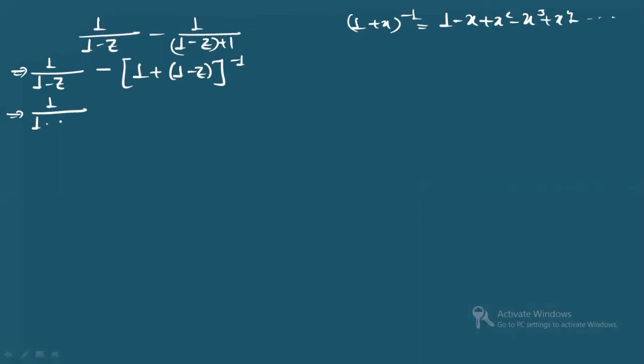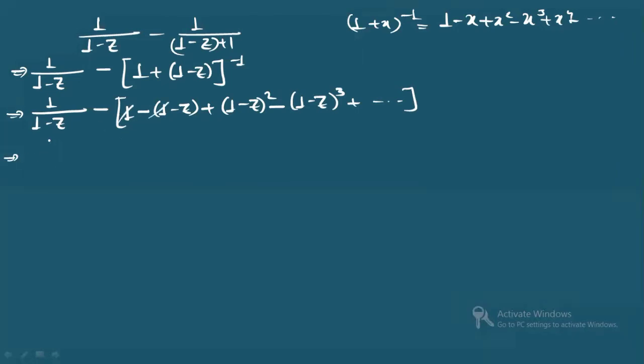So we will do the same expansion of the second term. So it will be 1 by 1 minus z minus 1 minus 1 minus z, plus 1 minus z whole square minus 1 minus z whole cube, plus, and so on. So you can write, this will get cancelled, yes or no?